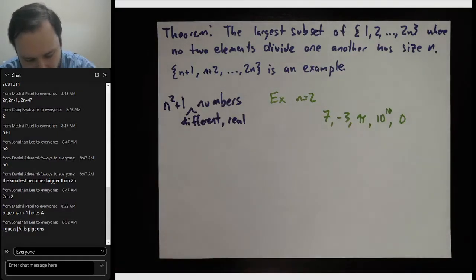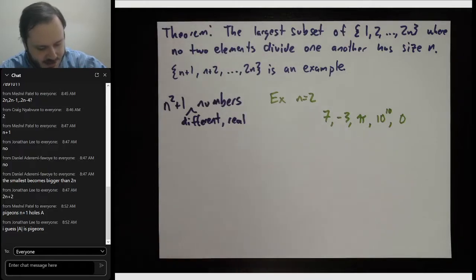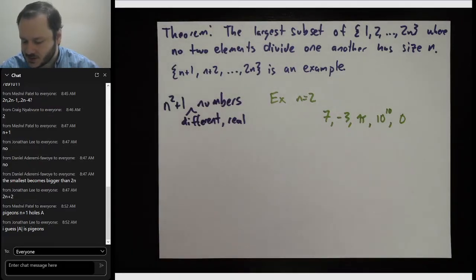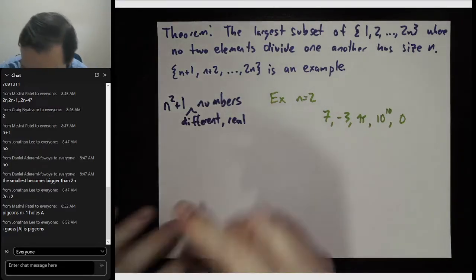I claim I can always find a subsequence with n plus 1 numbers in it that is either decreasing or increasing.